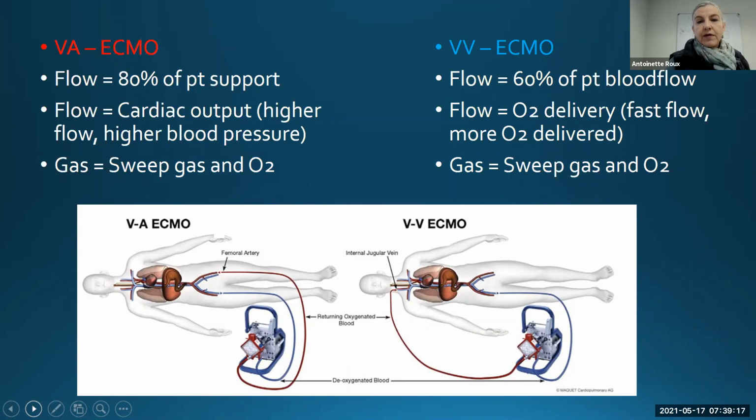In VV ECMO, it's flow dependent, blood flow dependent of about 60% of the patient's total blood flow. We give oxygen fast and there's a lot more delivered in a short period of time. Because remember with VV ECMO, if you're ventilated, you still have to get the oxygen in via the bronchus into the alveolus, into the mucous membrane, and then it has to diffuse into the capillary.